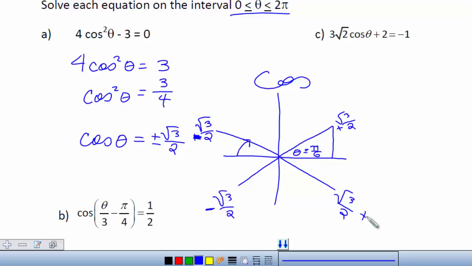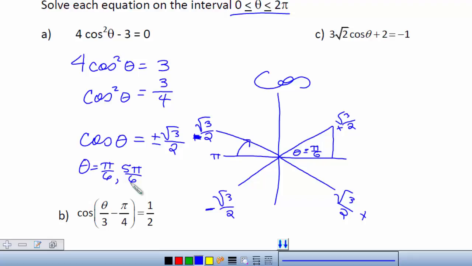Okay, so then the only question left is, what are those actual angles? Of course, we already said theta equals pi over 6 in quadrant 1. In quadrant 2, it's going to be 5 pi over 6, right? Because the reference angle is pi over 6, so if I do pi minus pi over 6, we get 5 pi over 6.